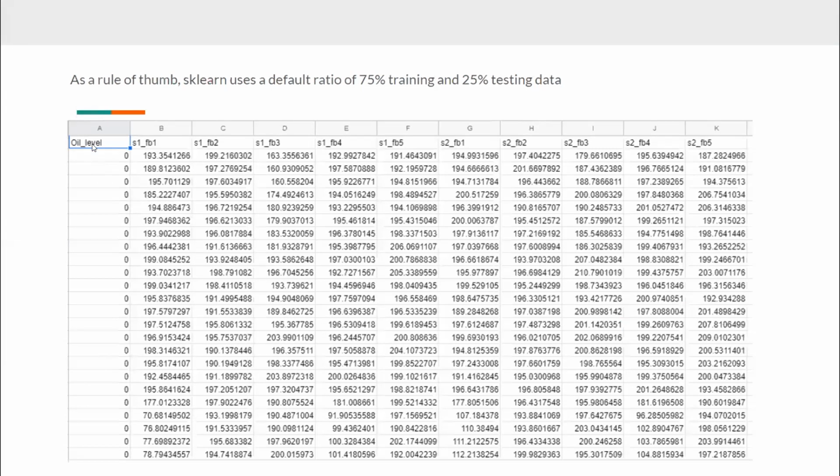What parameter I've changed is, rather than checking the grease condition, I've mentioned it as an oil level, which will have a binary value, either 0 or 1. If the oil level is less than the threshold, it is going to show a 0, or if the oil level is greater than the threshold, it is going to give me a value of 1.